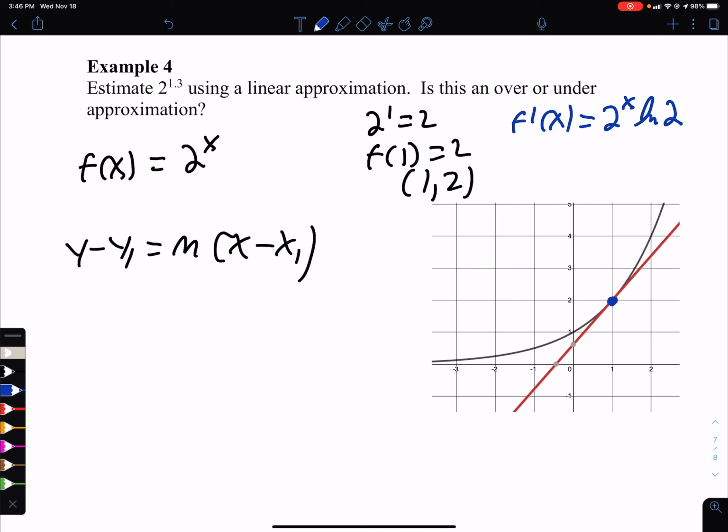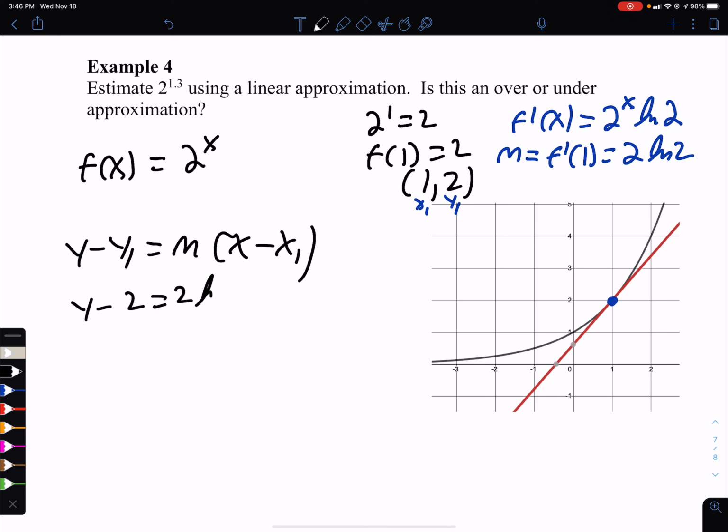Okay? Well, I want the slope at the point of tangency. That's going to be the derivative at 1. So that's going to be 2 ln 2. And there's my slope. There's my x1. There's my y1. So y minus 2 equals 2 ln 2 times (x minus 1). So my linear approximation equation will be 2 ln 2 (x minus 1) plus 2.